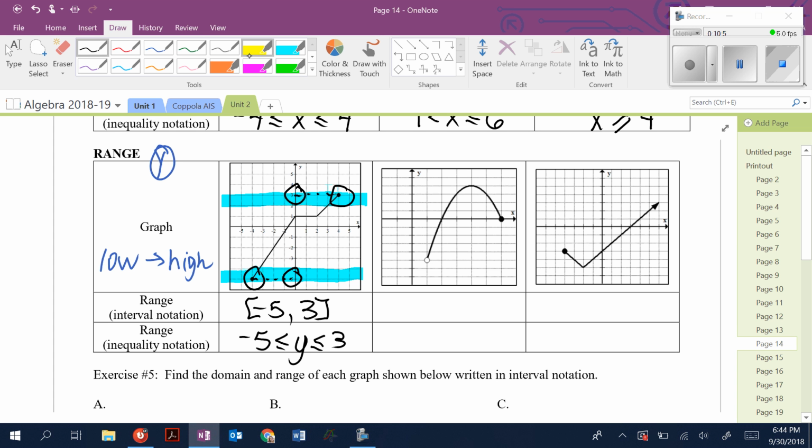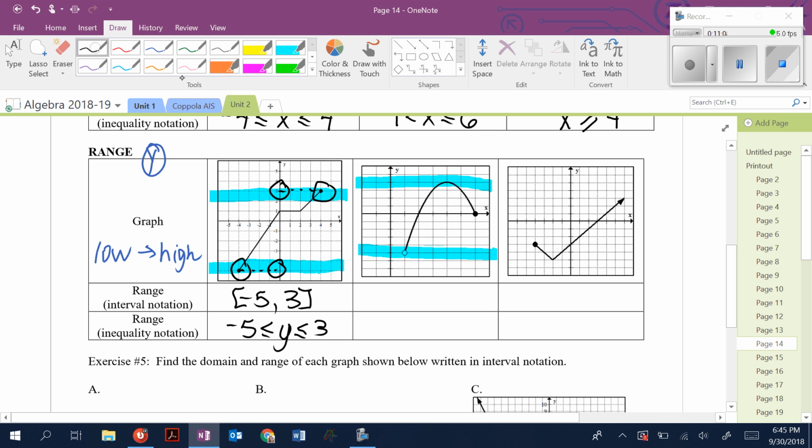Okay, let's do the same thing here. Remember, we're dealing with the up and down values, so I only care about the y-axis. That's why I'm doing a slice. Now, a lot of people might want to highlight here. No, no, no, this goes even higher, doesn't it? To there. So we're looking at how low it goes to how high it goes.